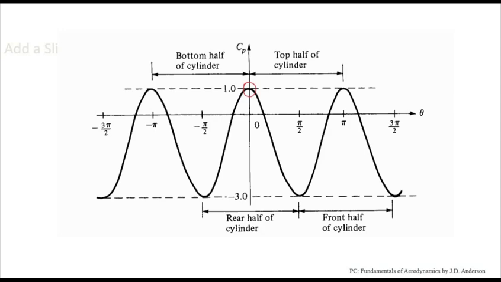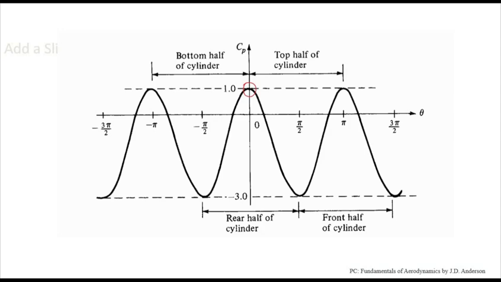Okay. Now here you can see this part indicates the bottom half of the cylinder, top half of the cylinder, rear half of the cylinder, front half of the cylinder. So the regions that are corresponding to the top and bottom half of the cylinder are these, as you can see.